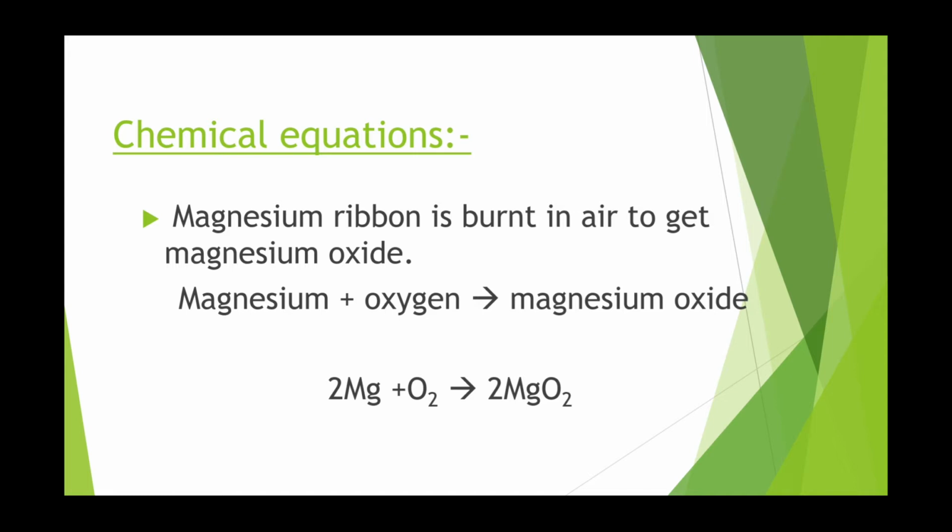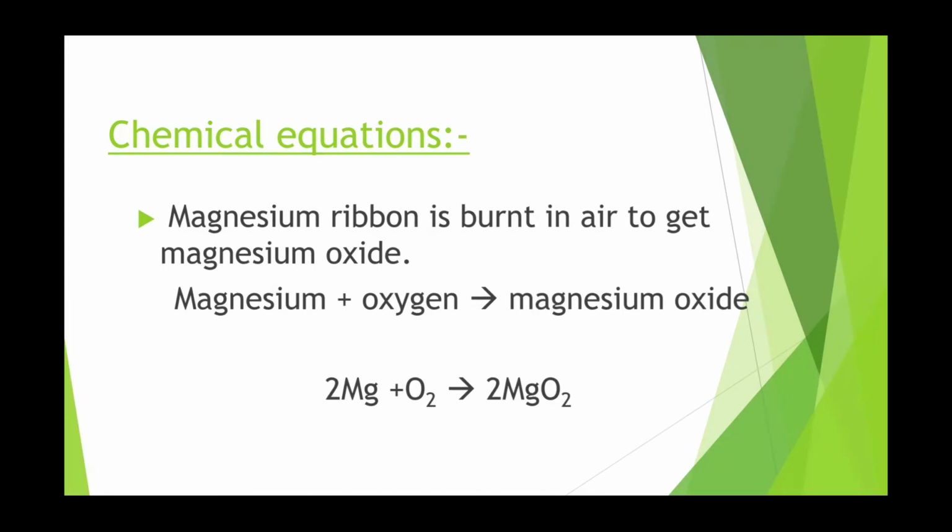The more condensed form, the chemical equation, will be 2Mg plus O2 gives 2MgO. Here we got 2 molecules of magnesium oxide.